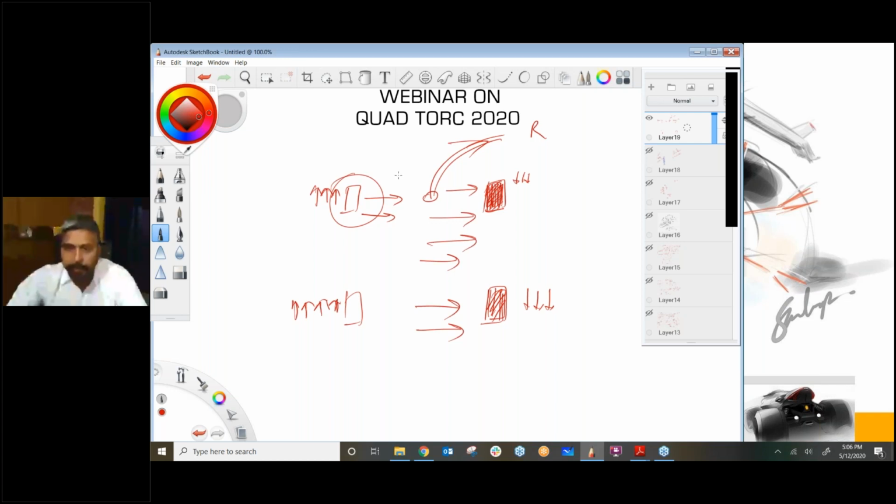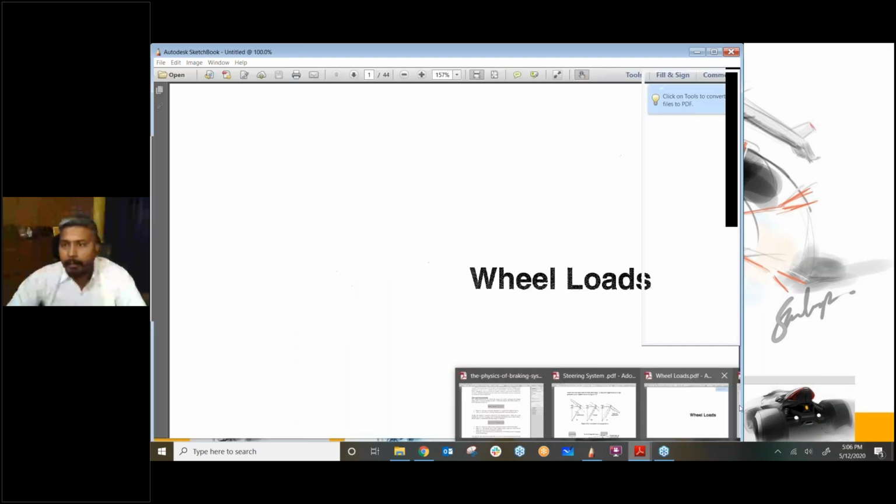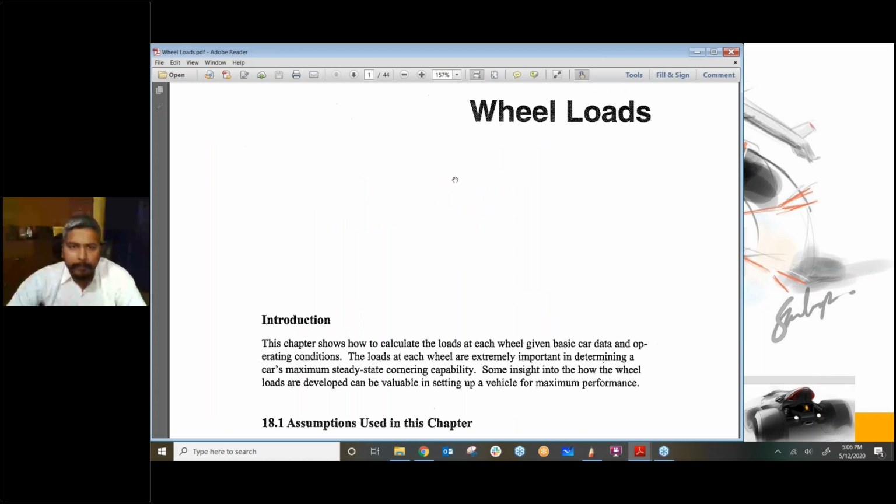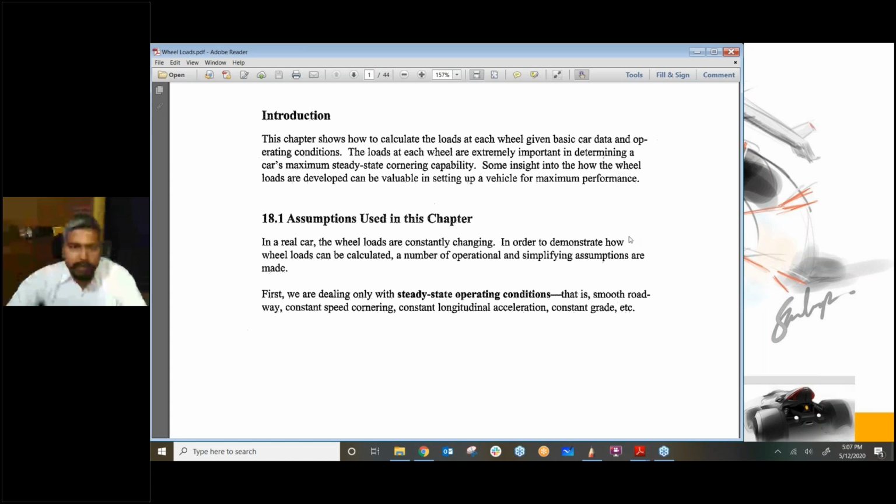This is the left side, this is the right side of your vehicle, and you are looking from the front. Now if you look at the front, this is the left wheel, this is the right wheel, and somewhere over here is your center of gravity, which is already positioned at the center of the track width. So its distance from point O will be T by 2, since the complete track width is T.